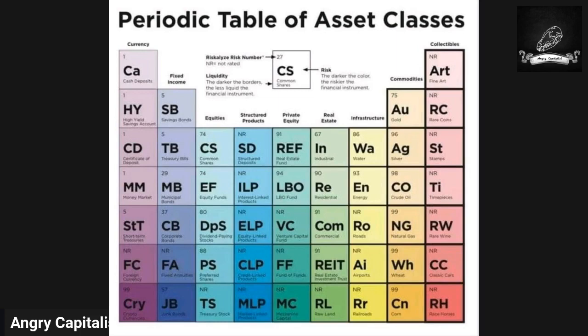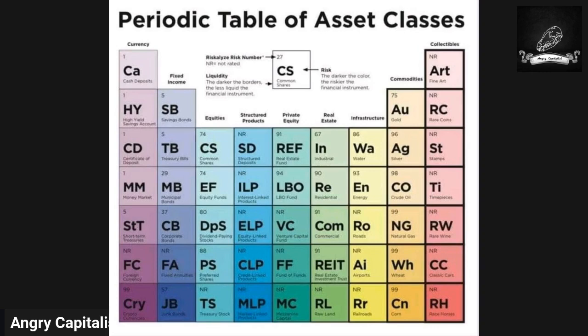So the center diagram, just like the periodic table of elements, explains the layout of the chart with an example for you. As we go through this, in the upper left-hand corner, you have a risk number, risk analysis.